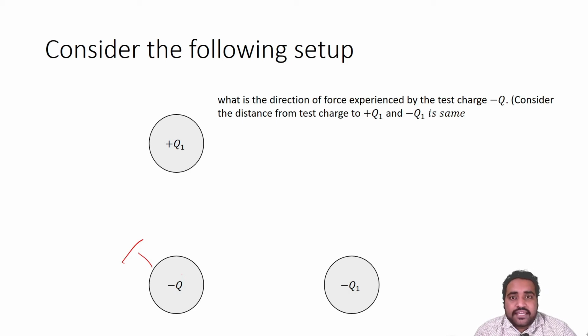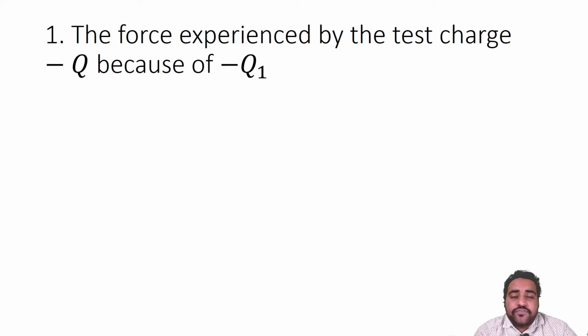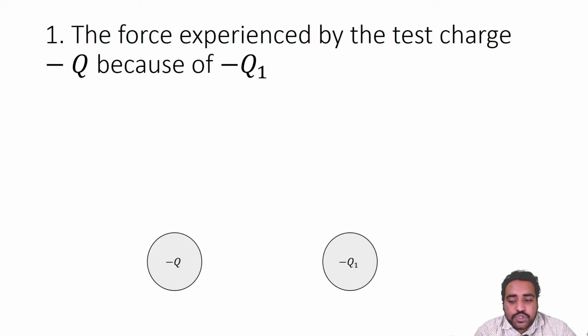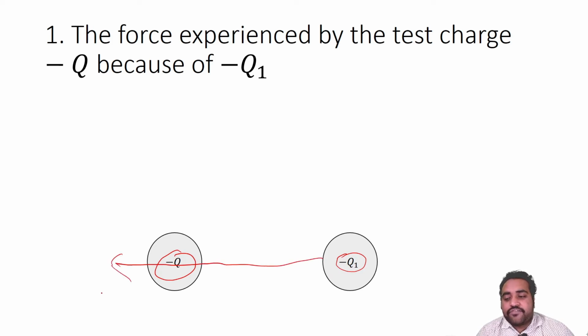So due to that, let us consider the force experienced by the test charge minus Q because of minus Q1. See, these minus Q and minus Q1 are both negative charges. Hence, the nature of force is repulsive. So, the direction of the force would be directed away from the center.